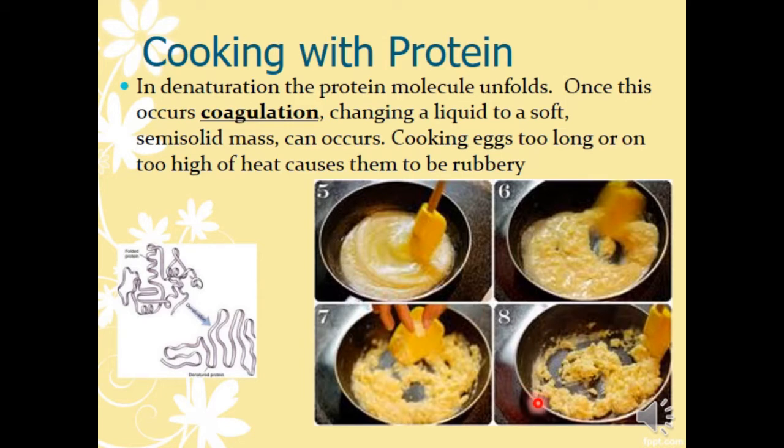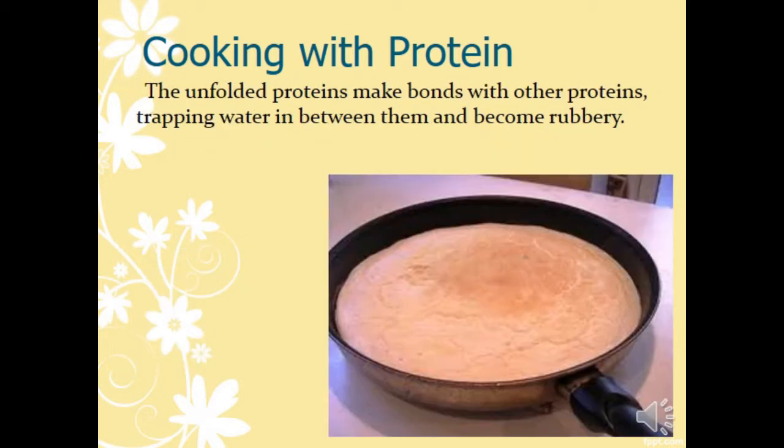Okay, due to coagulation. Too long of cooking can lead to rubbery properties. So this is another example of protein denaturation, or the unfolding structure of protein.